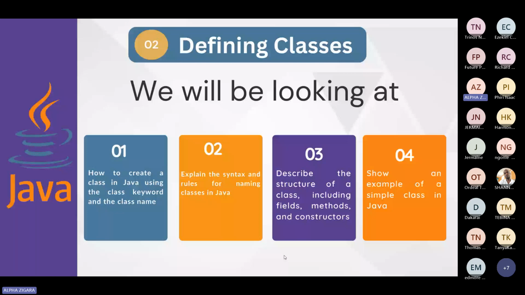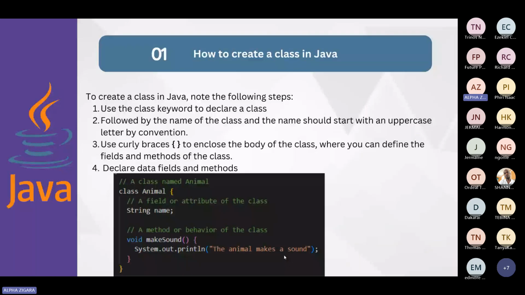So here we can see that to create a class in Java, we have some steps to follow. Number one, we use the keyword class to declare a class, followed by the name of the class, and the name should start with an uppercase letter. After the name, we open curly braces to enclose the body of the class.